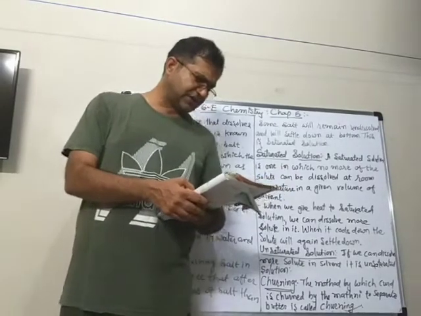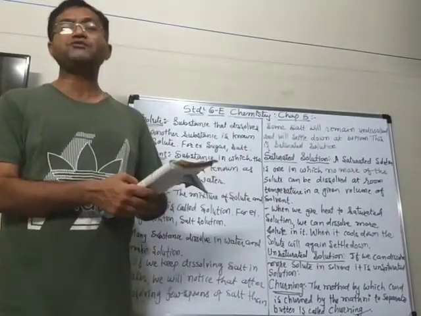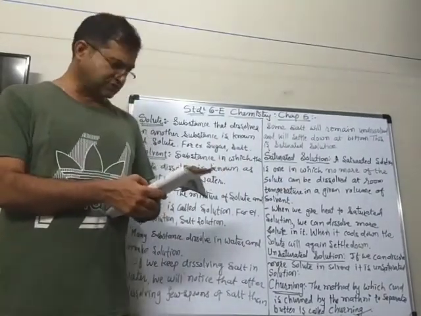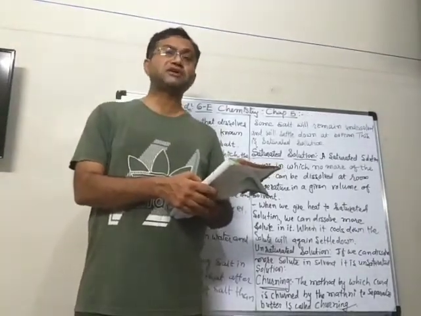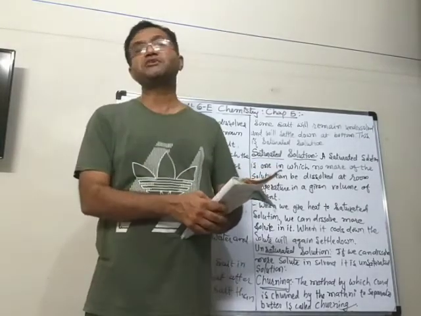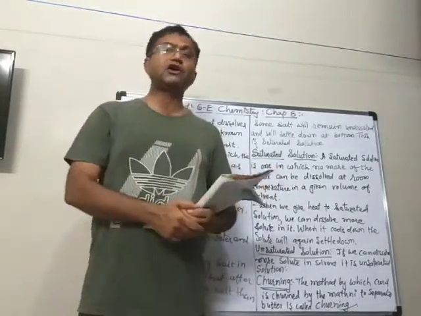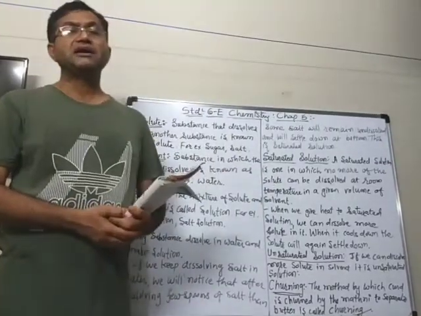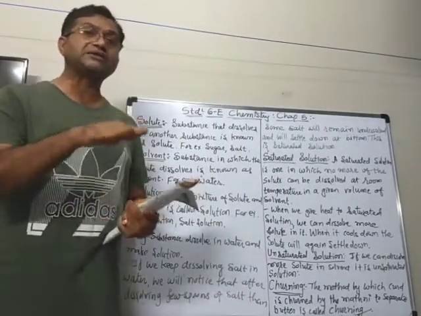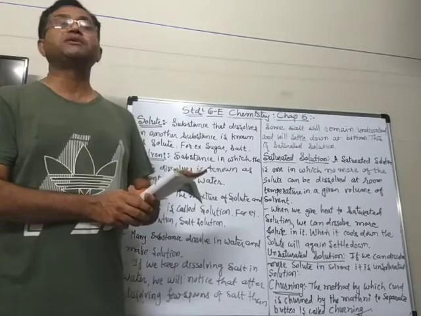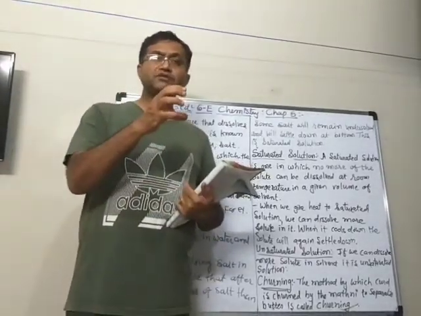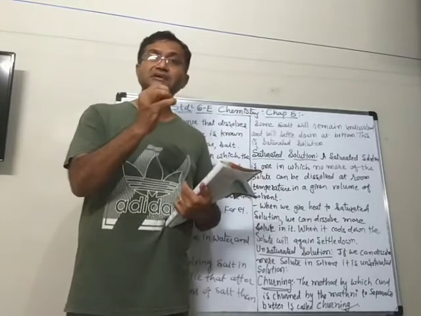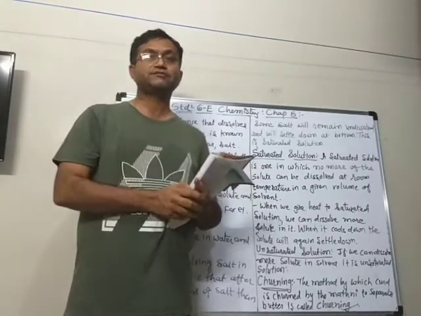Then after adding a few spoons of salt, you will notice that some of the salt will not dissolve and it will settle down at the bottom of the beaker. It means that water also has a capacity.